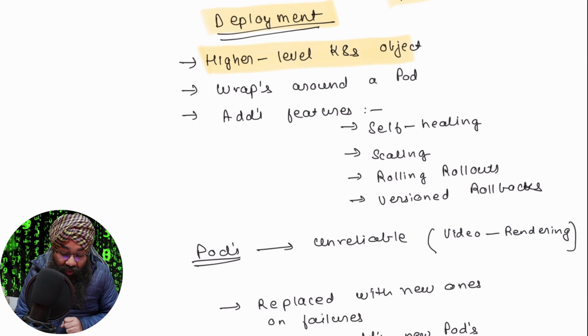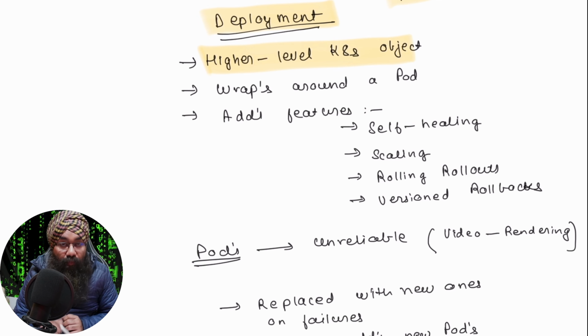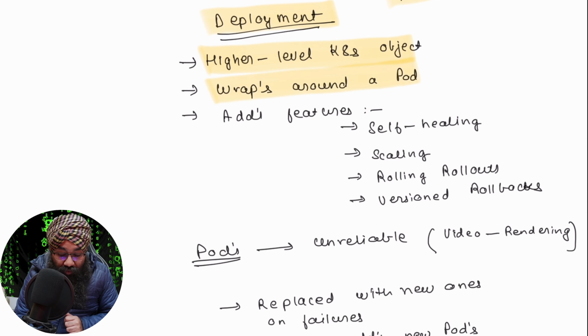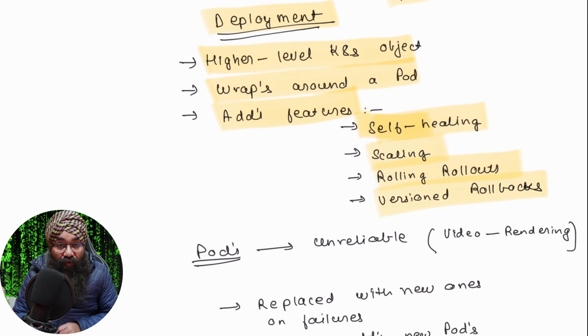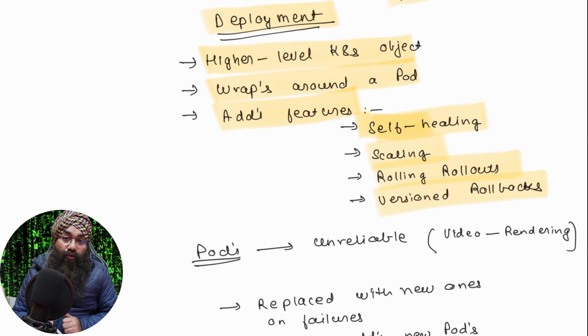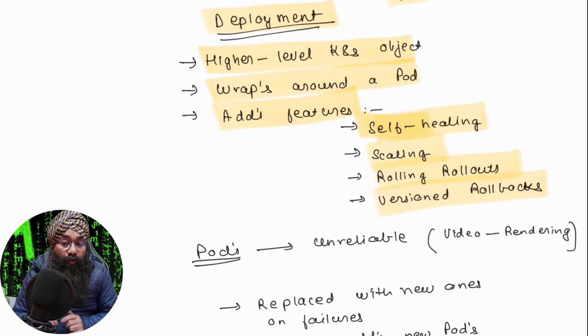It is a higher level Kubernetes object. As we showed earlier in the diagram as well, it wraps around a pod. And it provides additional features like self-healing, scaling, rolling rollouts, and version rollback as well. So if you updated your version to 2.0.1 and you see something is not working, you simply update your manifest file to version 2.0.0.